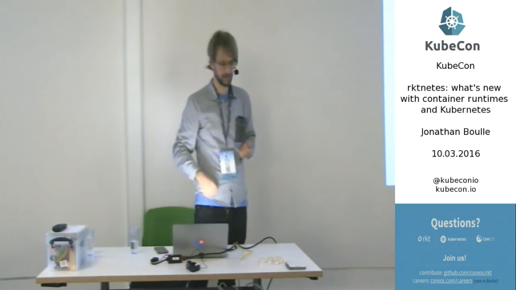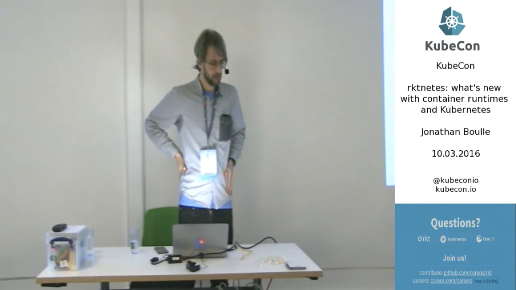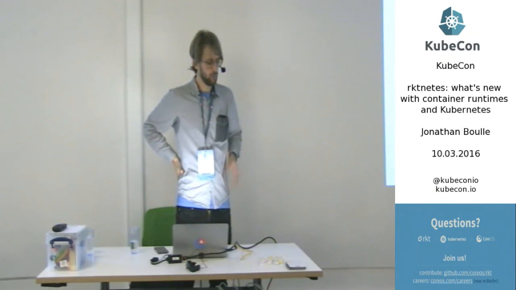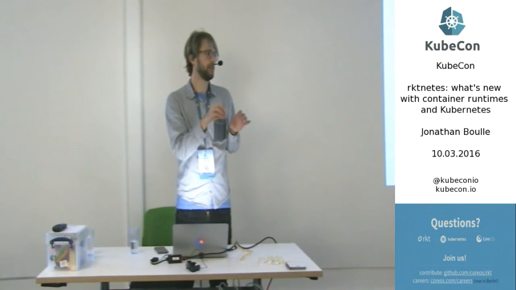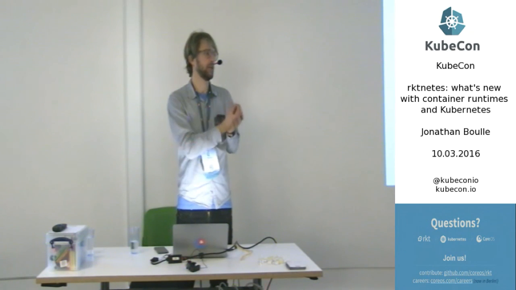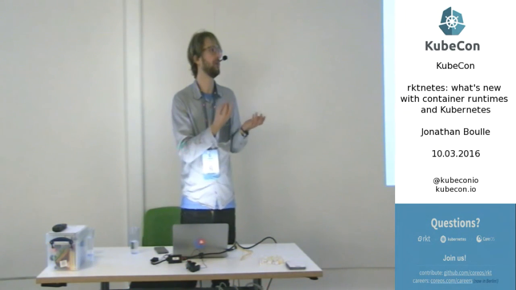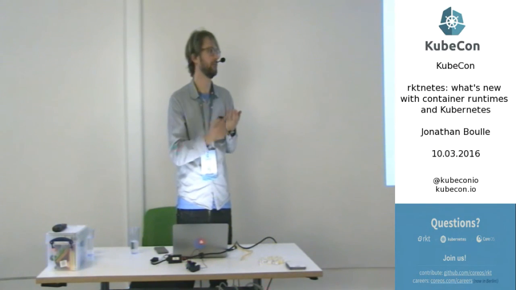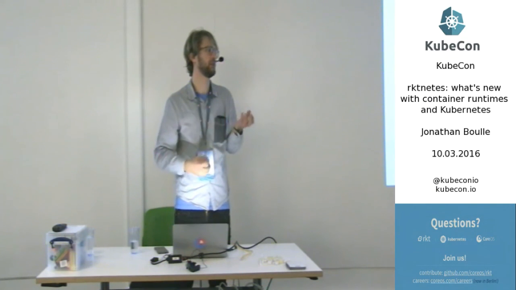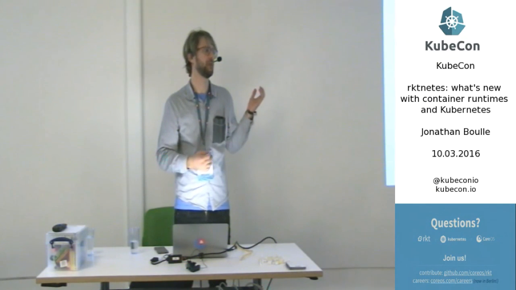Part of the other answer is that when you have these different applications running in a pod, you need something to manage their life cycle, and we think that should be managed by basically a proper PID1, something that knows how to track processes and cleanly handle their life cycle. So we think that should be the responsibility of the runtime, so you don't need to introduce some other component.